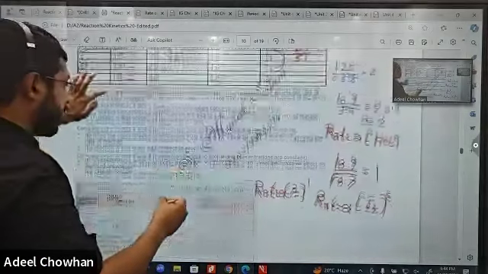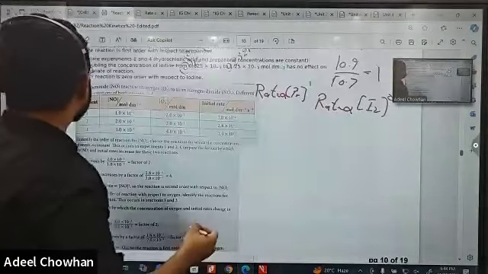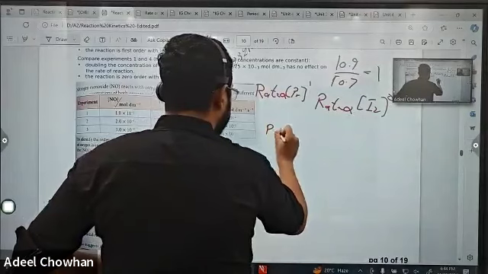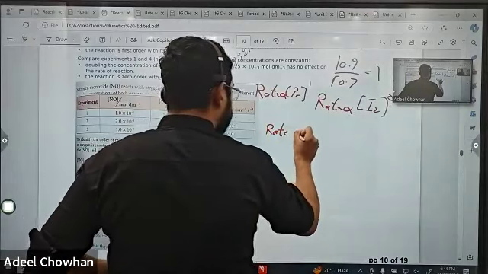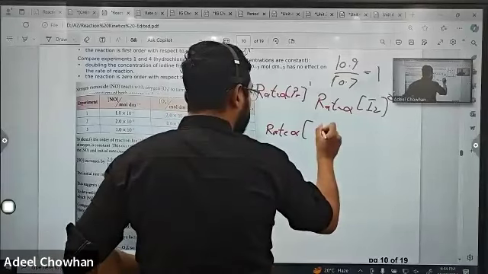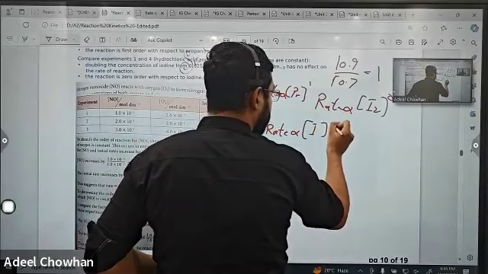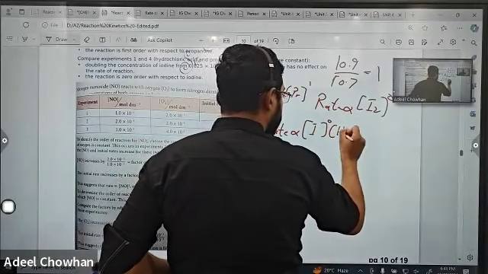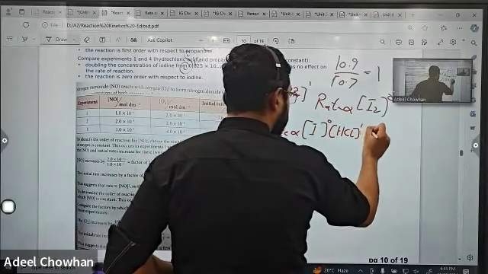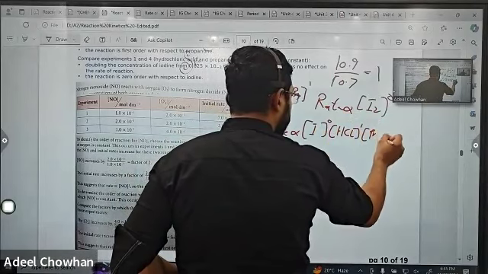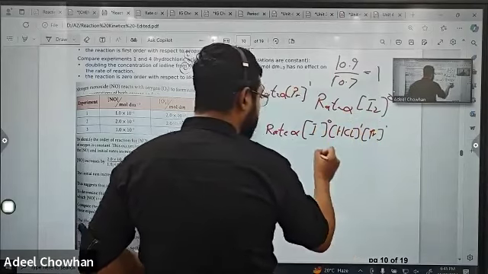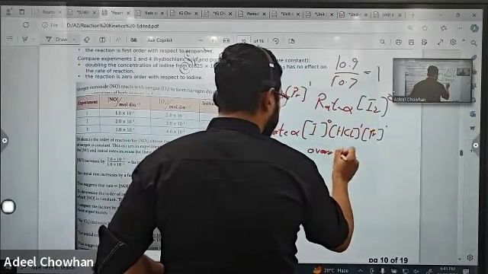We will add all of them. So rate is directly proportional to iodine to the power 0, HCl to the power 1, propanone to the power 1. So overall order is 2.